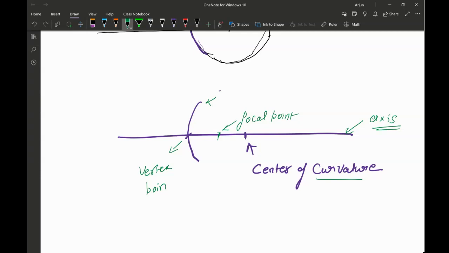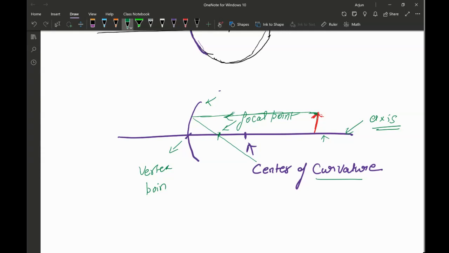Okay, and then let's say I'm placing the object here on the right hand side. We will take two rays and try to figure out how the image is formed, and those two rays will start from the tip of the object. So the first ray will be parallel to the axis. So this is the axis. The first ray will be parallel to this axis and will pass through the focal point.